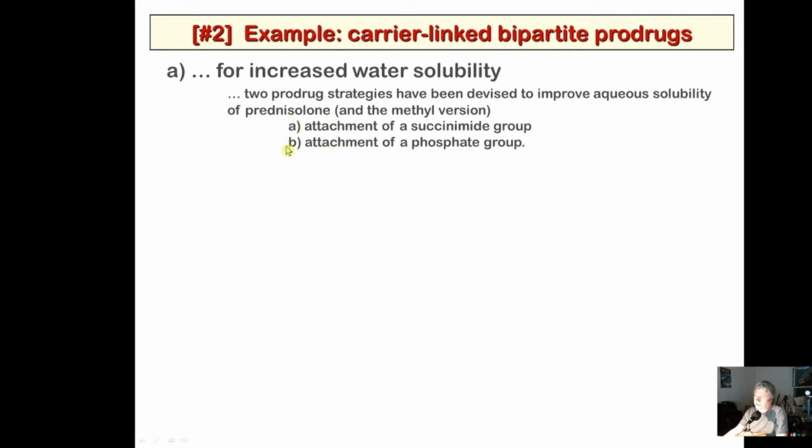Both of these improve the aqueous solubility. If we think about C log P, which we've talked about a lot, these will decrease the C log P, which enhances aqueous solubility. So what are they? So here are the drugs, prednisolone and methylprednisolone.